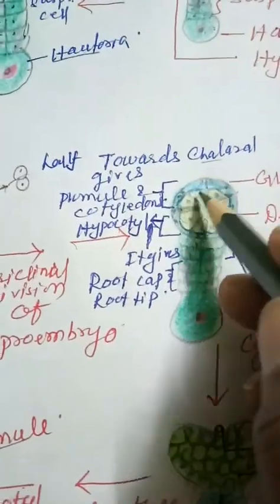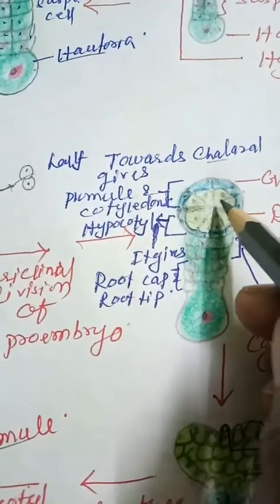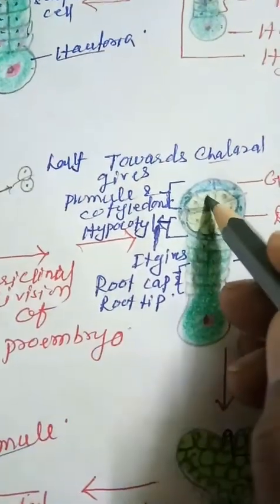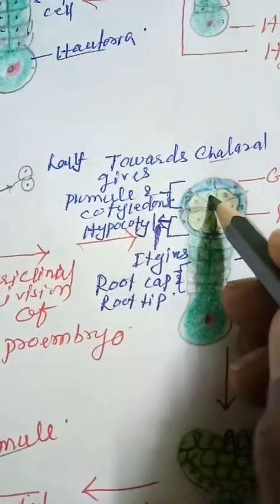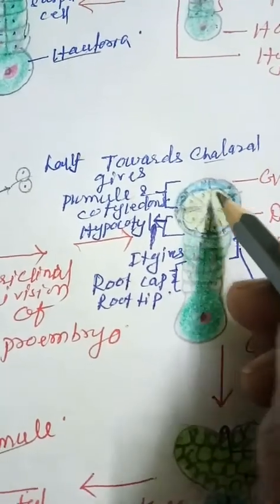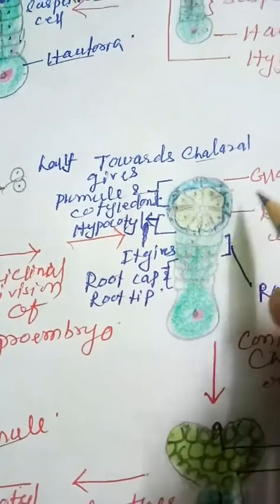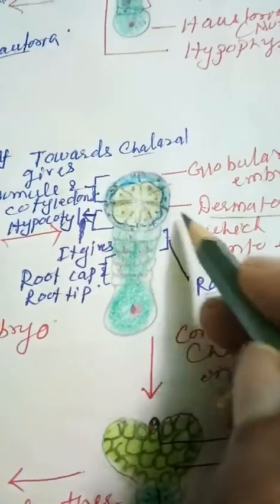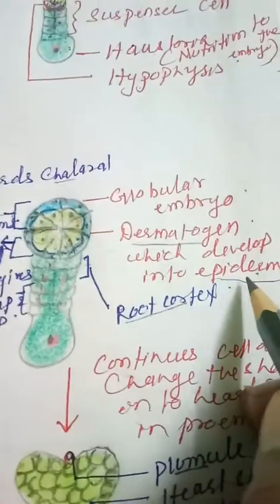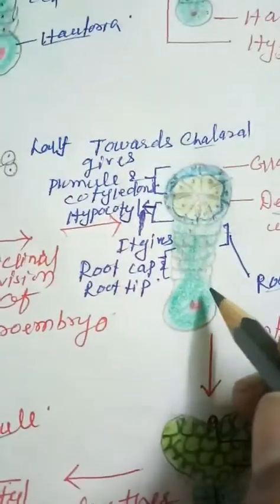Similarly, here also in the proembryonal octant, the cell which undergoes periclinal division produces one outer cell and one inner cell. Like this, at the center 8 cells are there, and at the periphery also 8 cells are there. The peripheral cells are called dermatogens. Later on this dermatogen develops into epidermis.